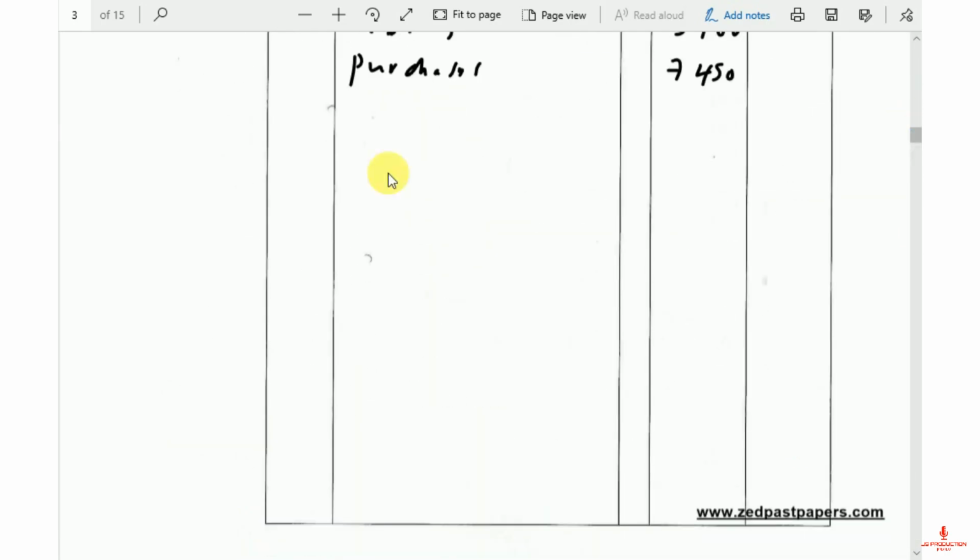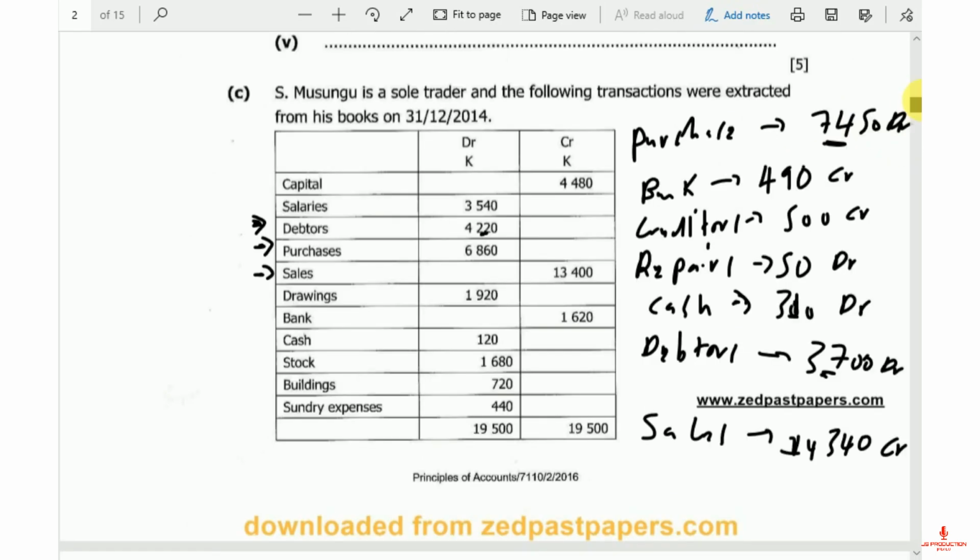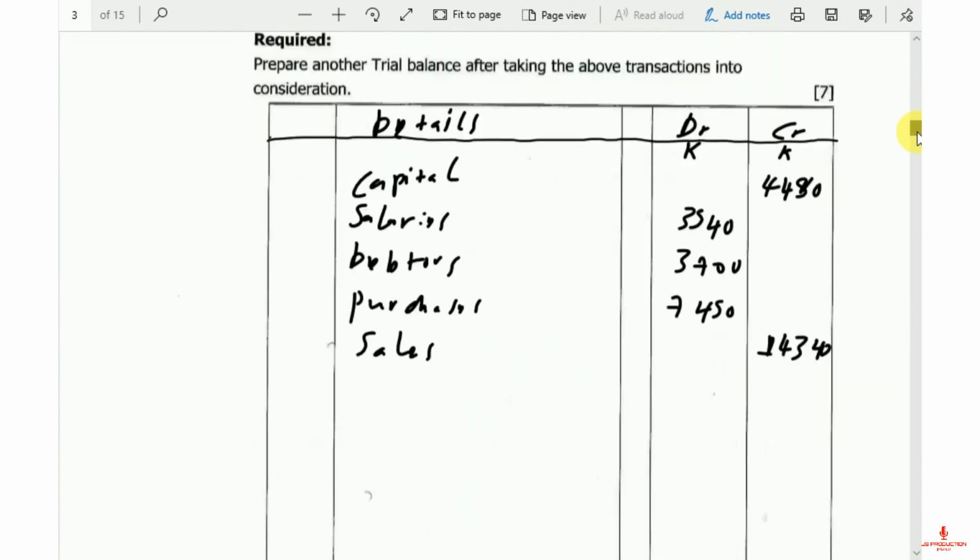So we have sales, 14,340 on the credit side. Then we have drawings which amounted to 1920, and drawings was not affected, so it's going to be recorded the way it is. Drawings 1920.